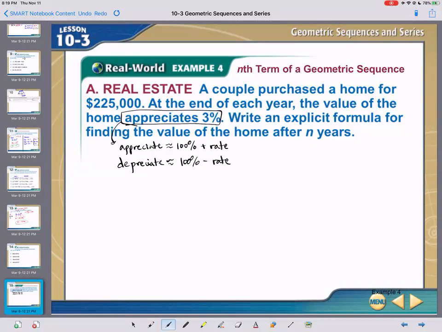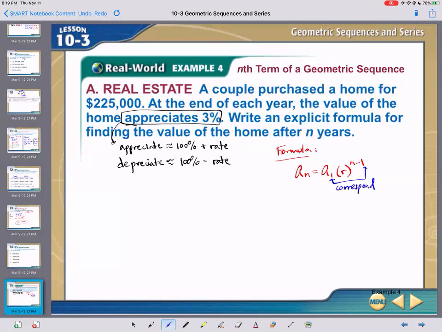It says now, write an explicit formula for the value of the home after n years. Now remember our formula. Again, I could go back and forth, but I don't want to make you dizzy switching between apps. So the formula, I'm just going to quote it to you, is A_n equals A_1 times r to the power of n minus 1. And now note, remember how we said these correspond. Okay, so why do I point that out?